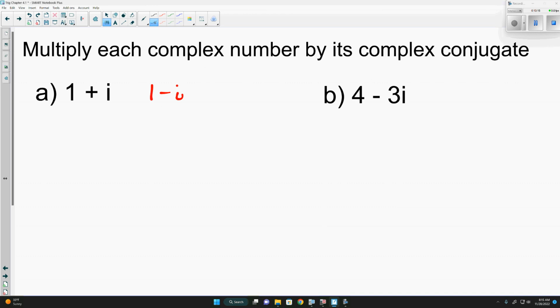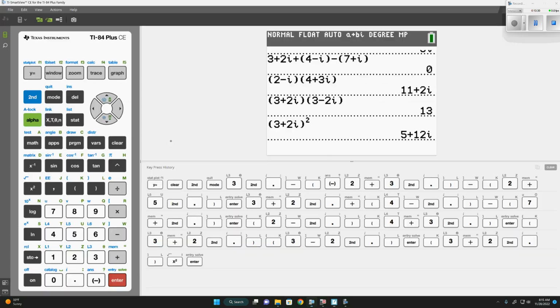Okay. So then it wants us to do 1 plus I times 1 minus I. And again, we can do this in a calculator, and we'll get 2. So here we can say 1 plus I times 1 minus I.